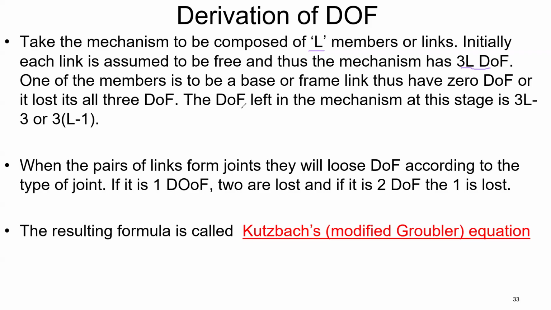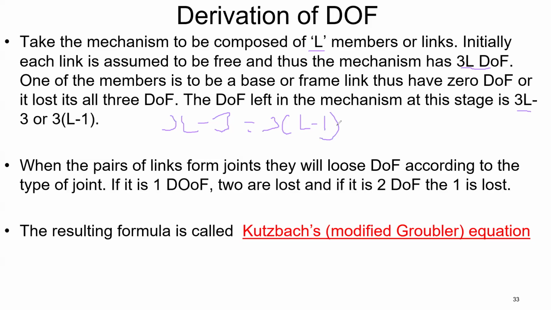So the degrees of freedom left in the mechanism at this stage would be given by 3L minus 3, because one link has lost all 3 degrees of freedom. That is the same as saying 3 into (L minus 1).